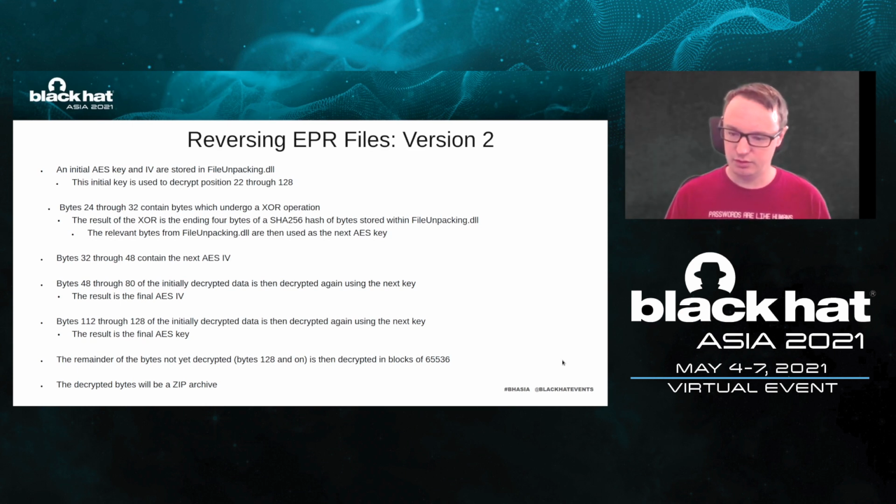I use this D word to find the SHA-256 hash from within the unpacking DLL, and the next IV is taken from the file header. The second envelope is opened now, and the third envelope can then be opened where the final key material resides. Using this key material, everything after byte 128 can be decrypted in blocks of 65,536, producing a valid zip file at the end.